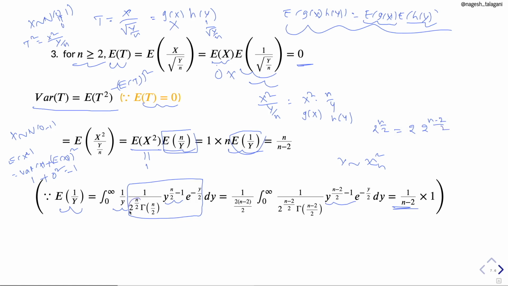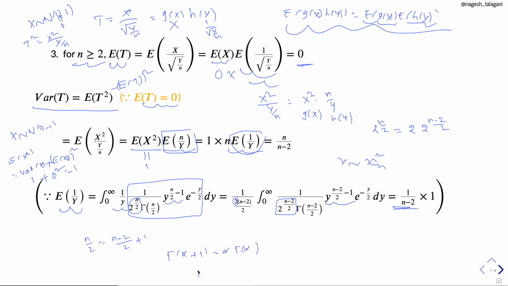So this 2 to the power of n by 2, I am writing 2 to the power of n minus 2 by 2 times 2. And this n by 2, I can write n minus 2 by 2 plus 1. We know that gamma of alpha plus 1 is going to be alpha times gamma of alpha.